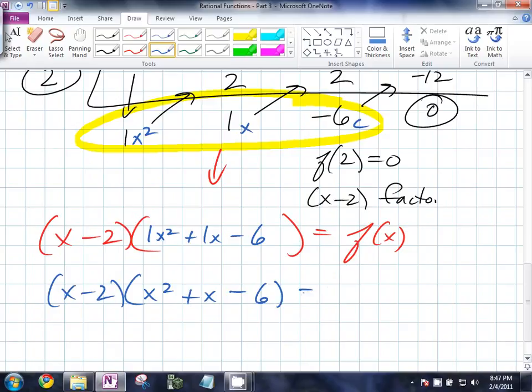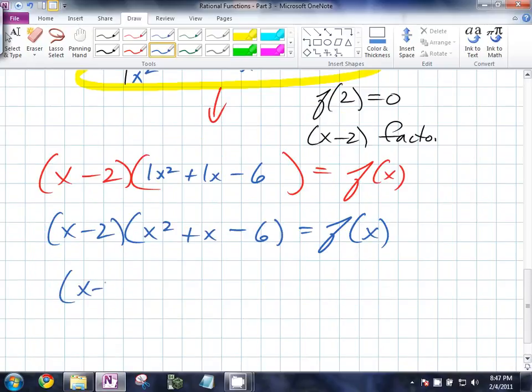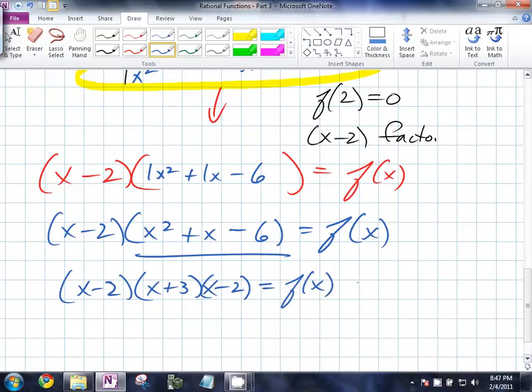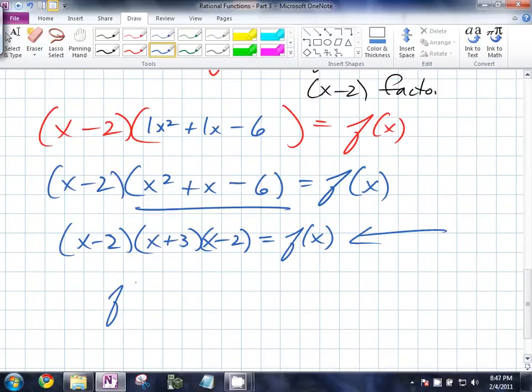So you could write this as x minus 2, and in fact this next part factors into x plus 3 times x minus 2. And you could stop there. That is the fully factored form, or you could write it as f of x is x minus 2 squared times x plus 3. We've now factored what could be a numerator or a denominator.